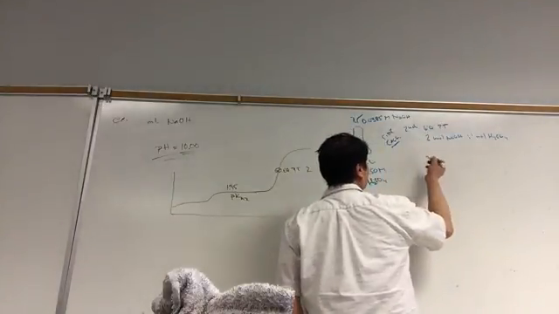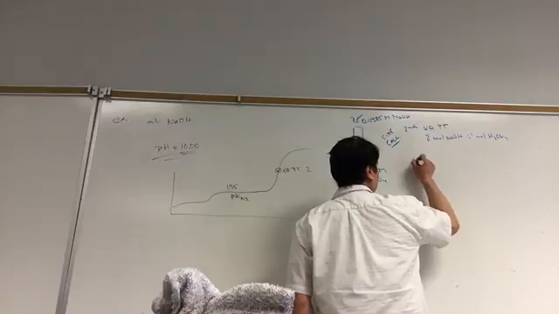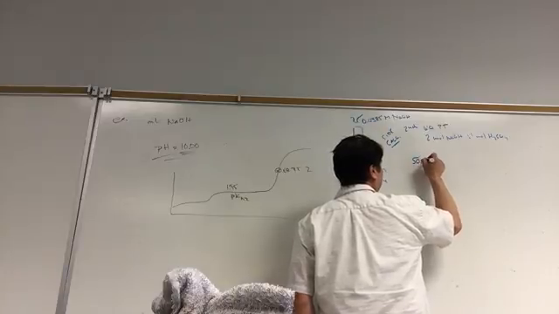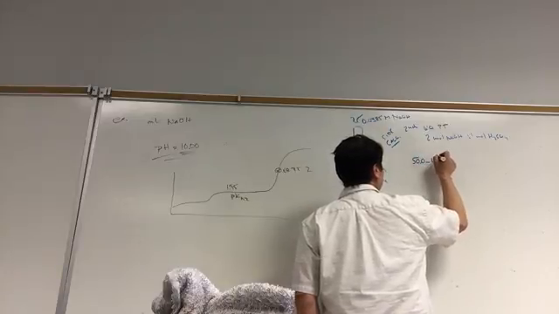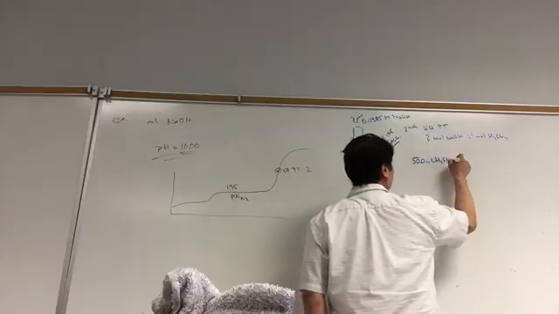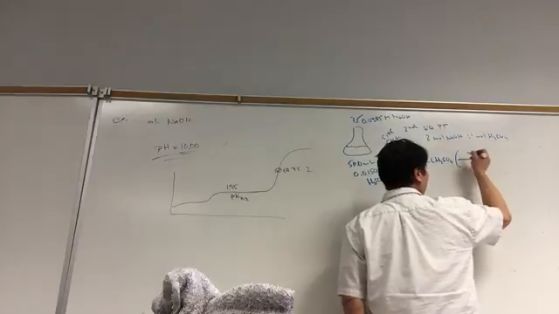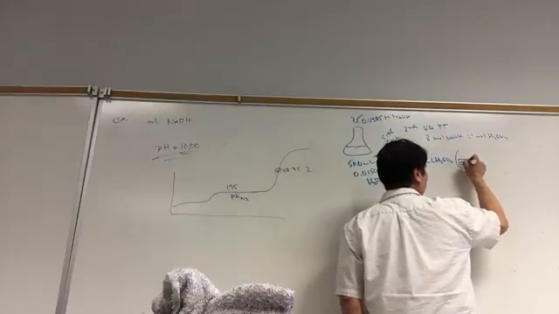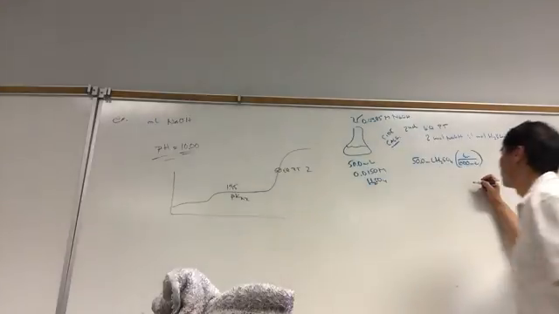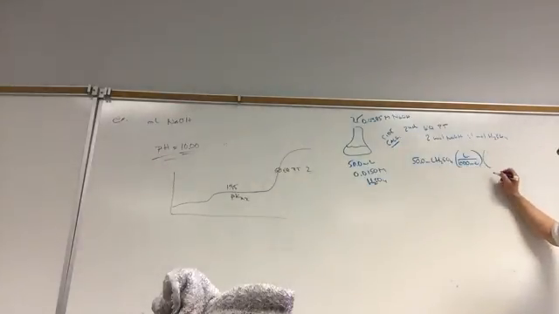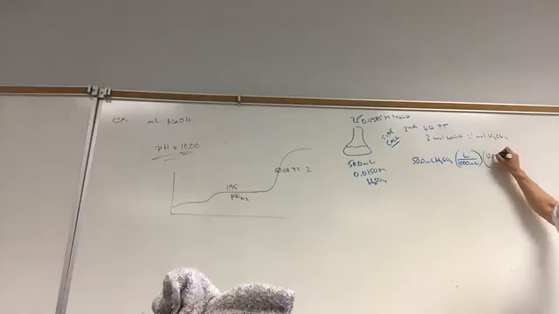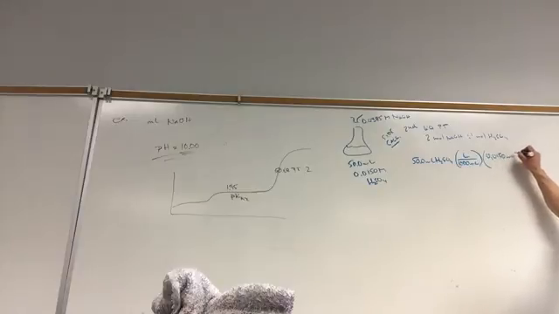I'll start with 50.0 milliliters of the H2SO4 solution. Convert that to liters. I don't really have to convert it because it will cancel out, but I'll do this dimensional analysis to make sure everything works out. Then the concentration is 0.0150 moles of H2SO4 per liter.